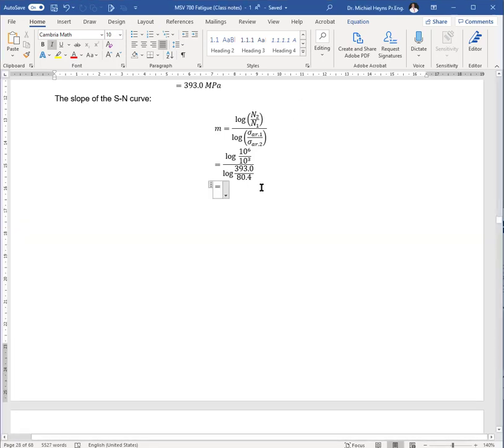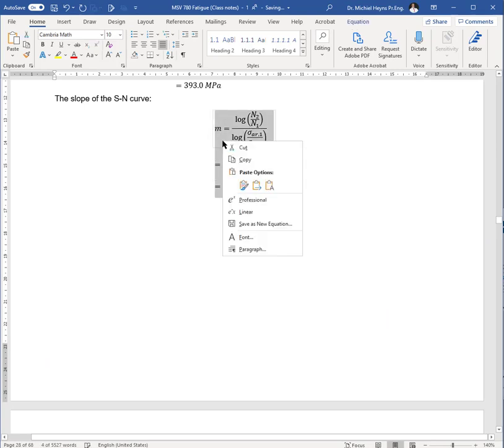That gives 4.35. That's the slope of the SN curve that we have.